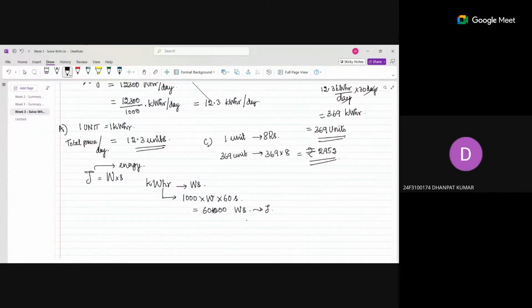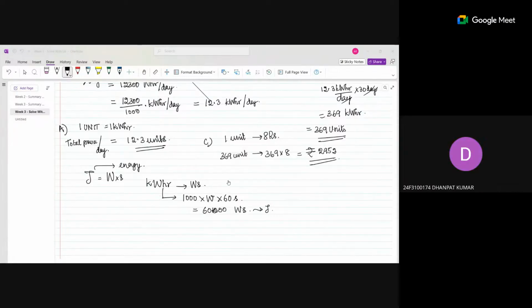Is someone asking about that question in which we had to find 60 into 60? Is it clear? Kilowatt hour, you are just converting into watt second. Watt second is joule.